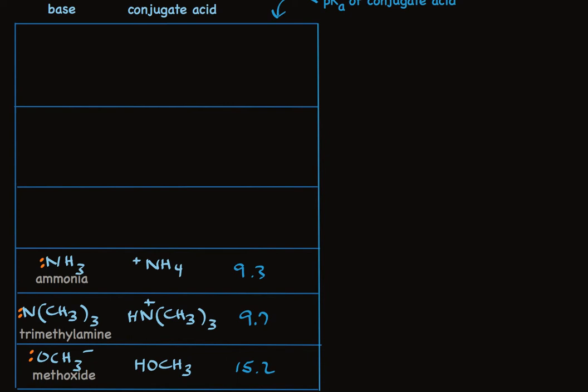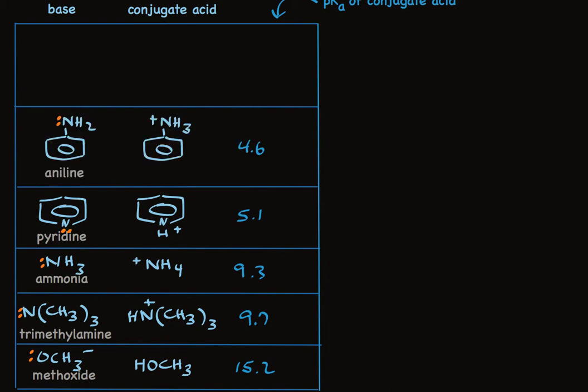On the other hand, going to weaker bases, we have some other organic structures. Pyridine has pyridinium as a conjugate acid, and its pKa is 5.1. Smaller number, weaker base. Aniline, another aromatic amine, but now the nitrogen is attached to the ring. It's not in the ring.